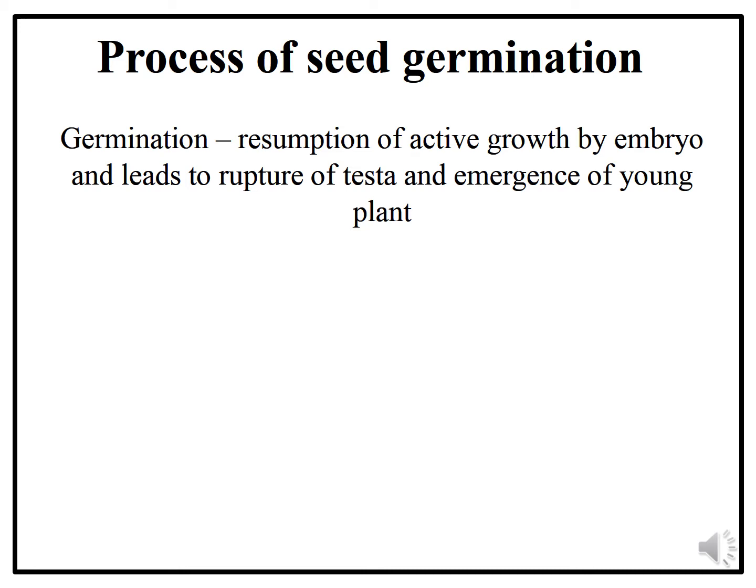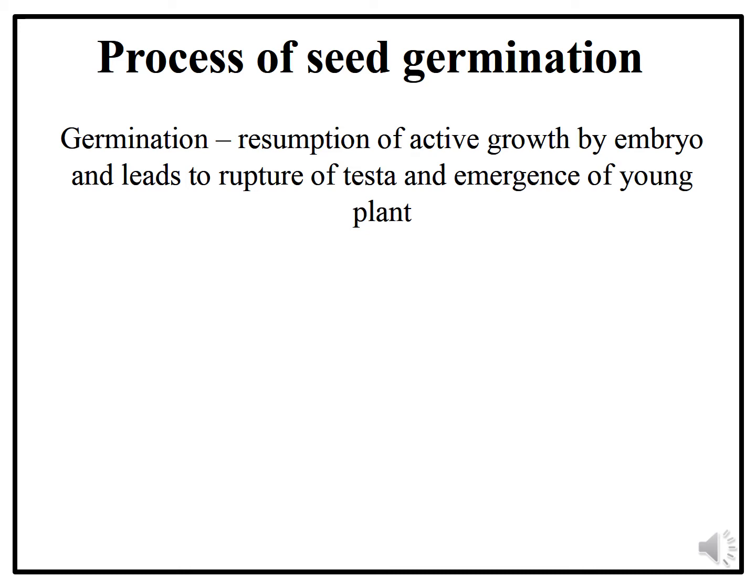So if you think back about the structure of a seed, the testa is the seed coat on the outside of the seed. As soon as water is taken up by the seed, that testa or seed coat ruptures and a young plant will emerge. Firstly, the radicle will emerge, the little root, first root of a plant, and then the plumule, which is the first leaves of a plant.